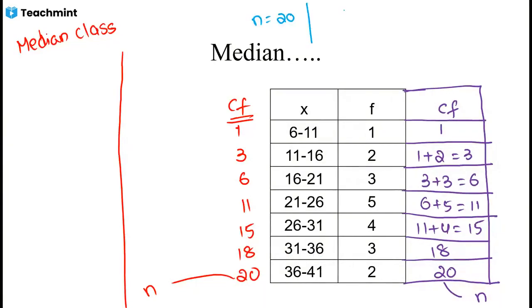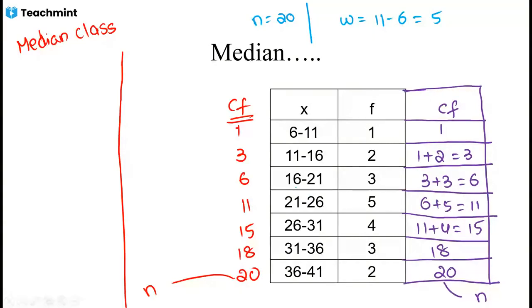I came to know the width. Width is nothing but 11 minus 6, 5. Width is class size. Class size is the same. Whether it is mode class or median class, whatever the class may be, all have the same width.